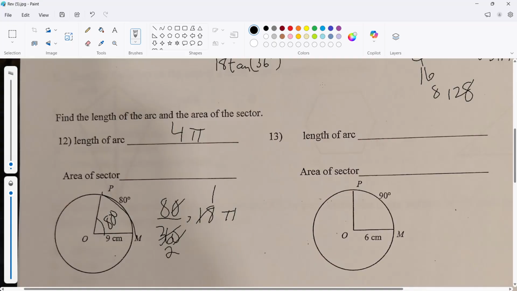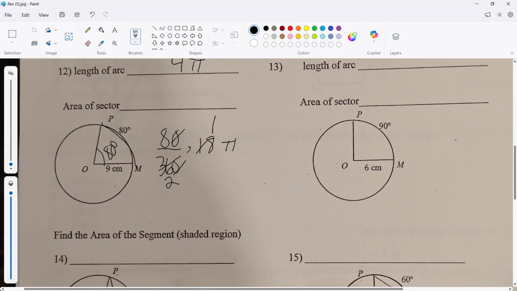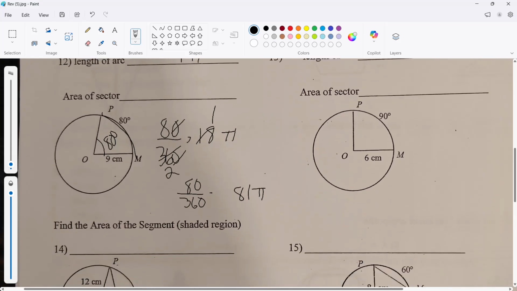Area of sector, well, it's going to be the same ratio. It's going to be 80 over 360 times pi r squared. Well, that's 81 pi. That's the area of the whole circle, pi r squared.